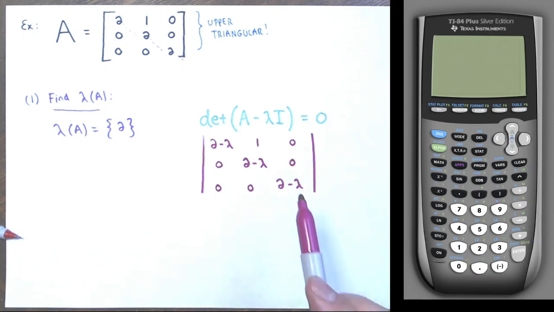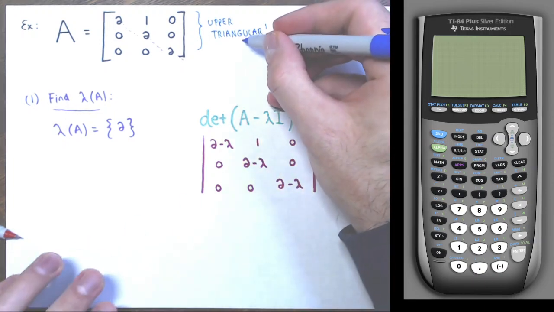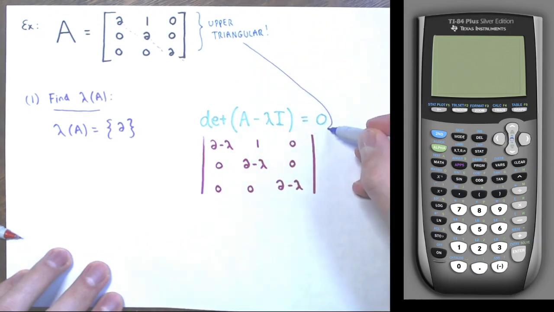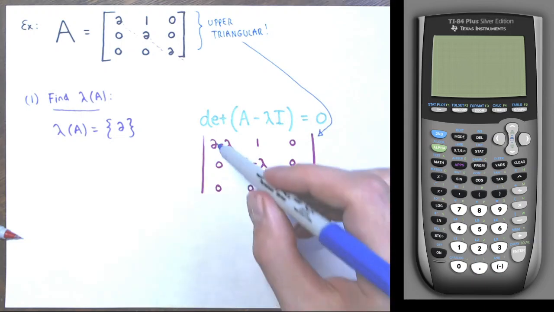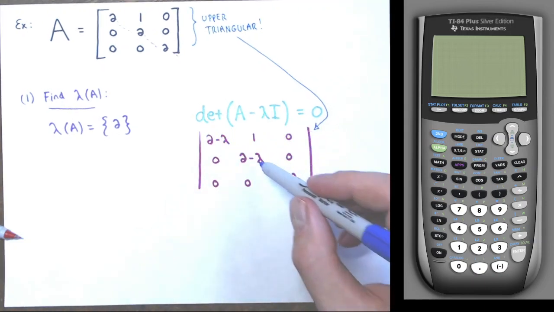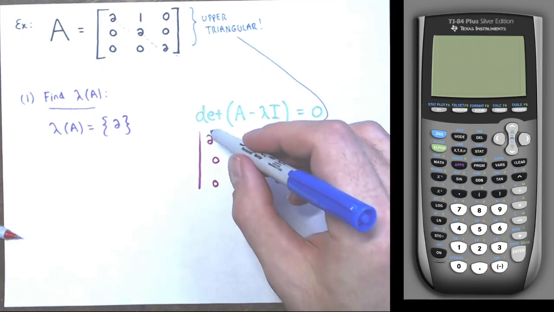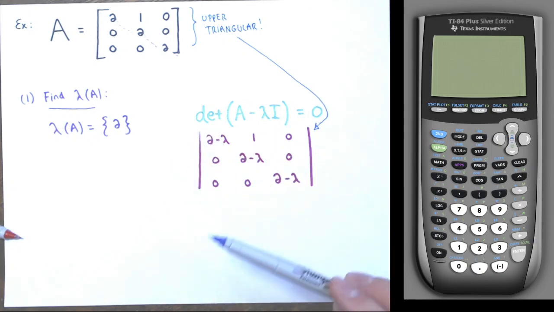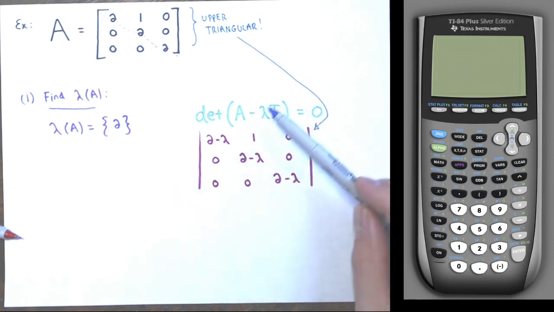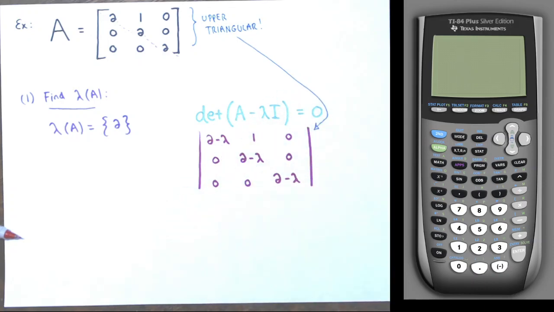Now, this is still an upper triangular matrix. Imagine a little line going through the main diagonal, and that lower triangle is full of zeros. So this is upper triangular. Now remember, if both the upper triangle and lower triangle were full of zeros, then it's called diagonal.